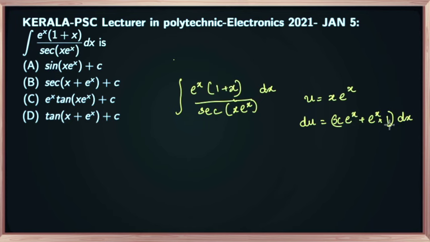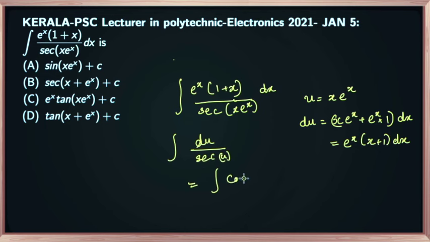So I can actually replace x e raised to x plus e raised to x as e raised to x into x plus 1 into dx, right? So that is equal to du, which means this integral changes to numerator completely becomes du whole divided by sec of u. Now 1 by sec of u is actually cos of u, so cos u du, right?